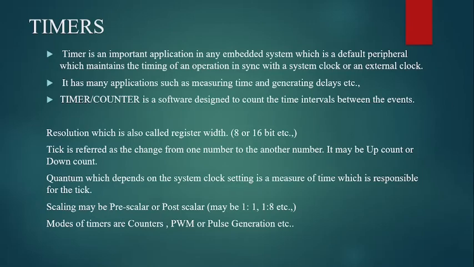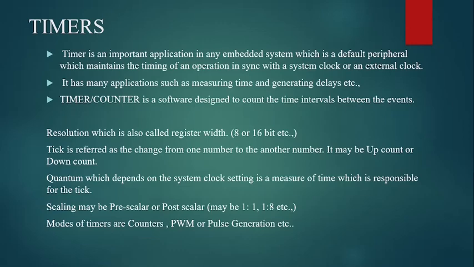Timers and counters are designed to count the time intervals between events. Resolution, which is also called the register size, is 8 or 16 bit. Next, a tick is the change from one number to another number. It may be an up count or a down count.